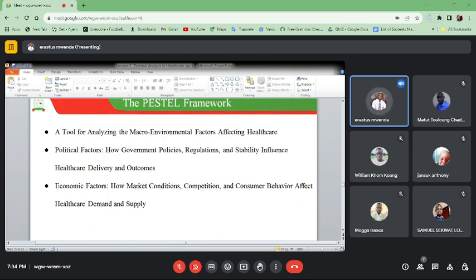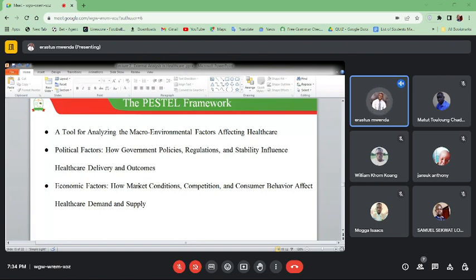And on the economic front, we could look at the market conditions in terms of pricing, for example, for medical care, pricing for drugs. Economically, we could also assess the level of competition. We could study consumer behavior and see how it is going to affect healthcare demand and supply.